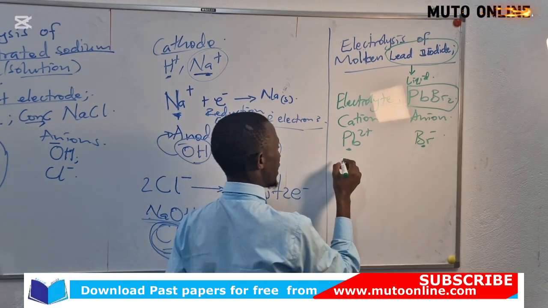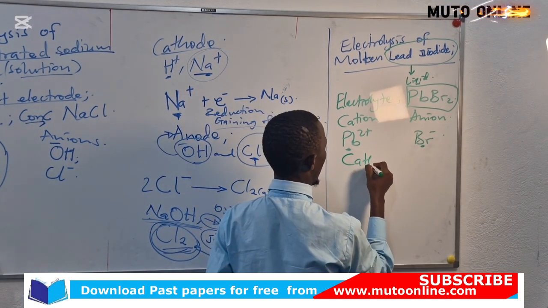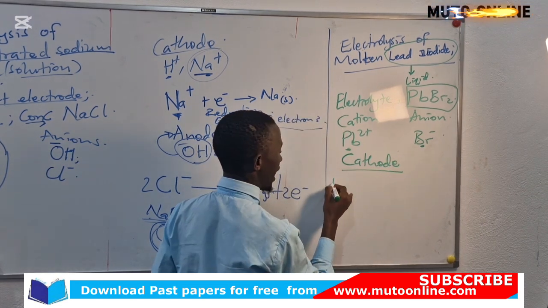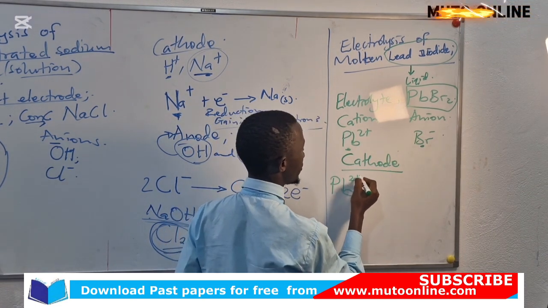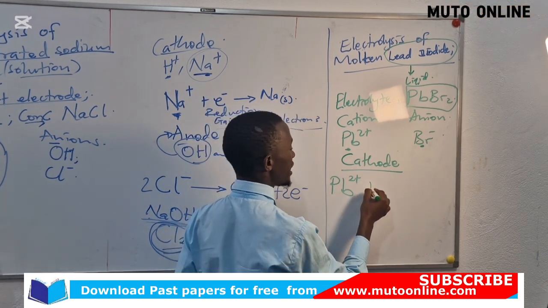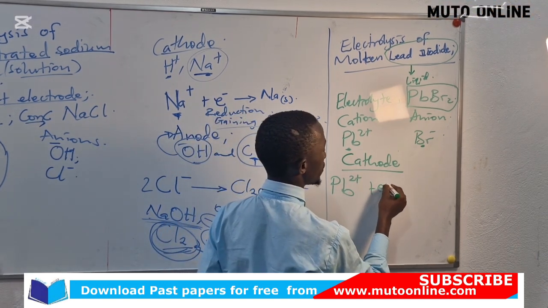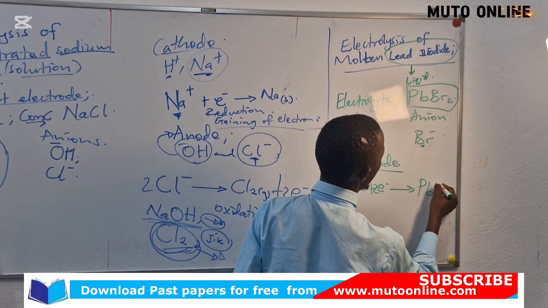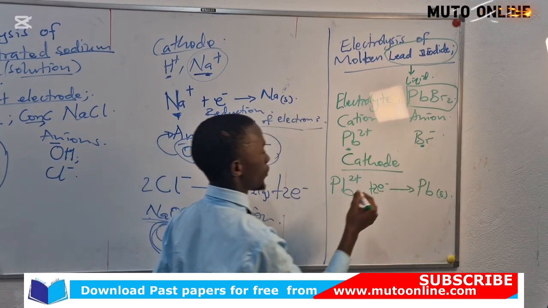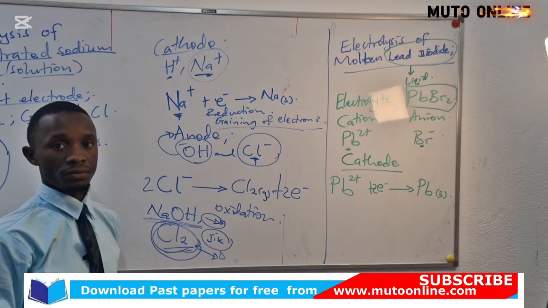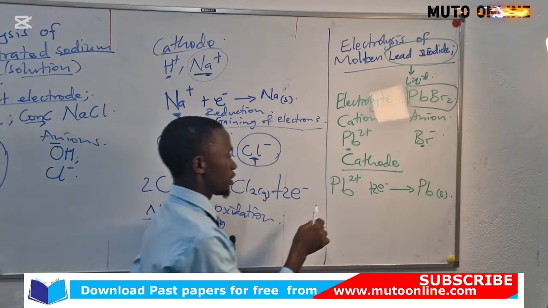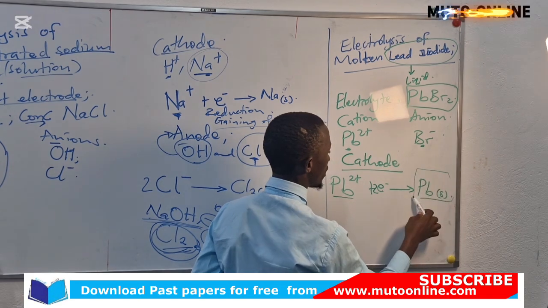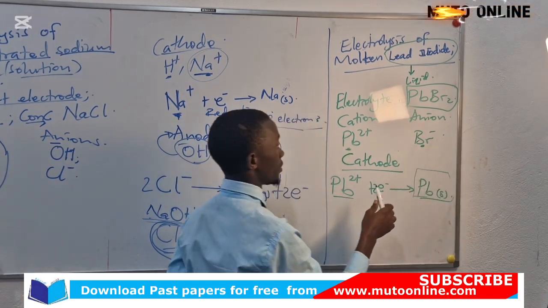So this means the lead II ions will migrate to the cathode, where they are going to be discharged by gaining of electrons to form gray solids of lead around the cathode. So we shall be seeing gray solids of lead forming around the cathode.